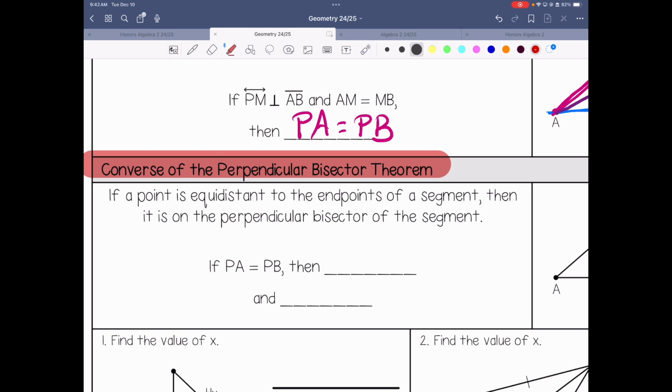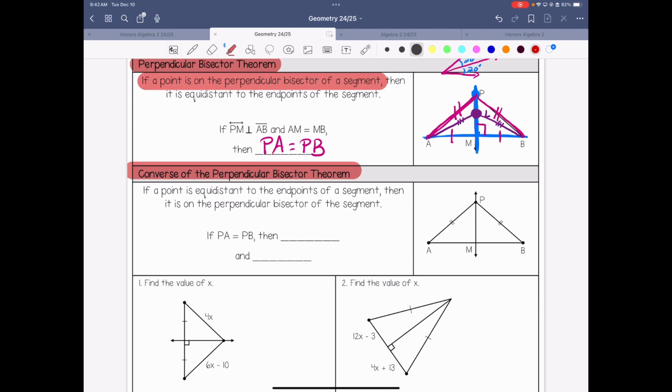So this says if that point is equidistant. So if P is equidistant from A and B, so those two pieces are congruent. If that happens, then PM is going to be a perpendicular bisector of AB.